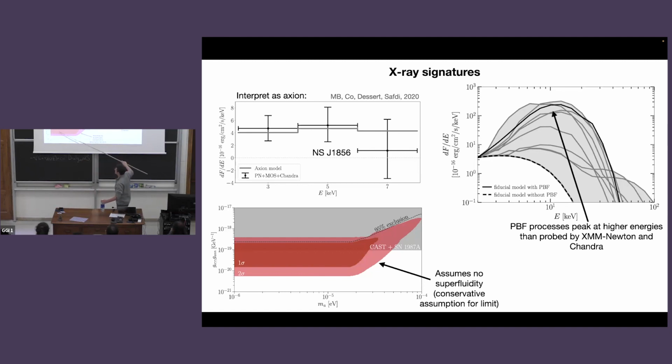No, sorry, it would move down. It would move to lower couplings because your emission rate is higher. So you need to have a smaller coupling in order to compensate for the extra emission. That's why the conservative assumption is to assume no superfluidity, given that that gives you the weakest signal.